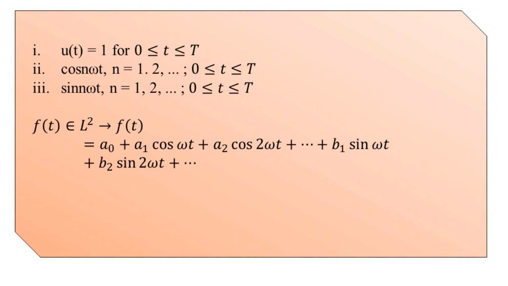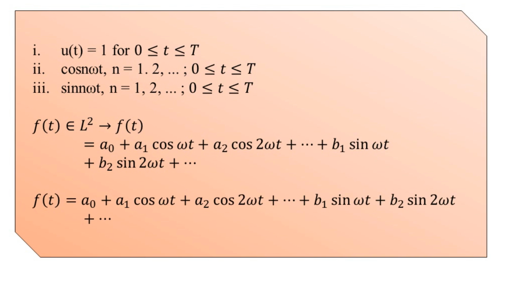We can also say that all the smoothly varying functions that we can imagine in the interval as discussed can be represented by the simple equation we have just shown: f of t is equal to a0 added to a1 times cos omega t added to a2 times cos 2 omega t, and so on, further added to b1 times sin omega t added to b2 times sin 2 omega t, and so on.